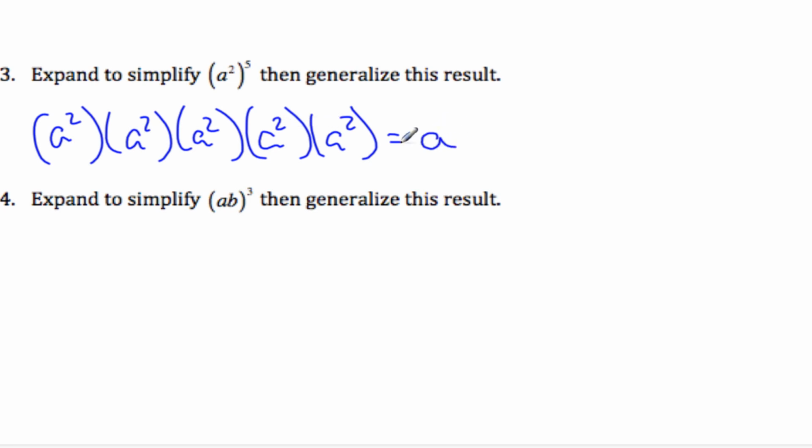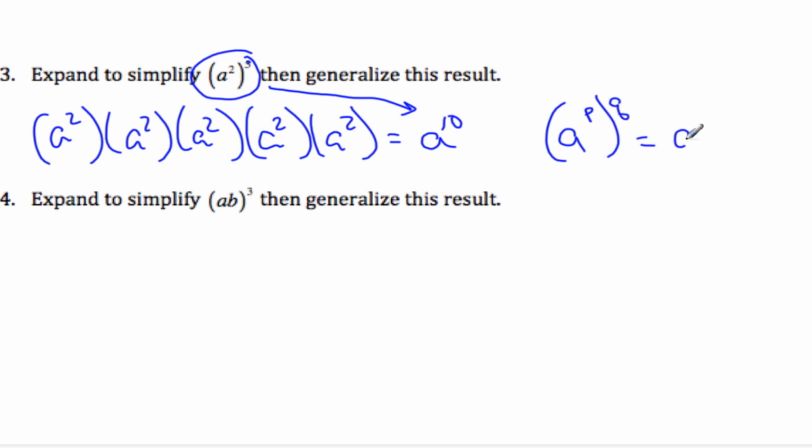So you can add them up. 2 plus 2 plus 2 plus 2 plus 2 is 10. Well, there's got to be a shorter way. What you do is you just multiply the 2 and the 5 to get the 10. So to generalize, if I have a to the power p all to the q, that's the same thing as saying a to the pq. There's my rule for that.